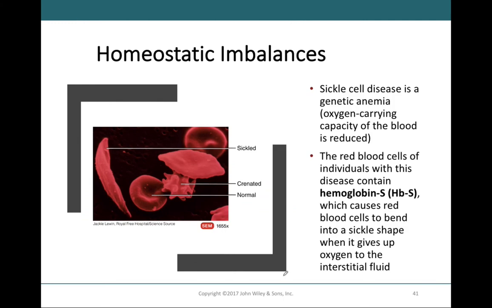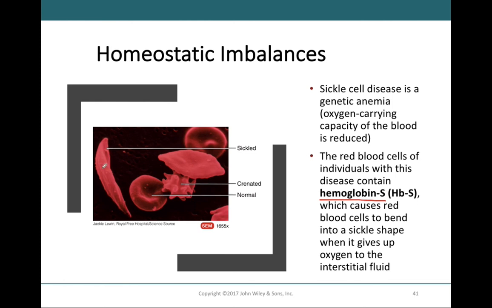Sickle cell anemia is another condition that we often see related to the blood. This is a genetic condition caused by a mutant type of hemoglobin called hemoglobin S. The result of sickle cell anemia is when red blood cells offload their oxygen to the tissues, they end up changing shape to this sickled form, hence the name sickle cell anemia.